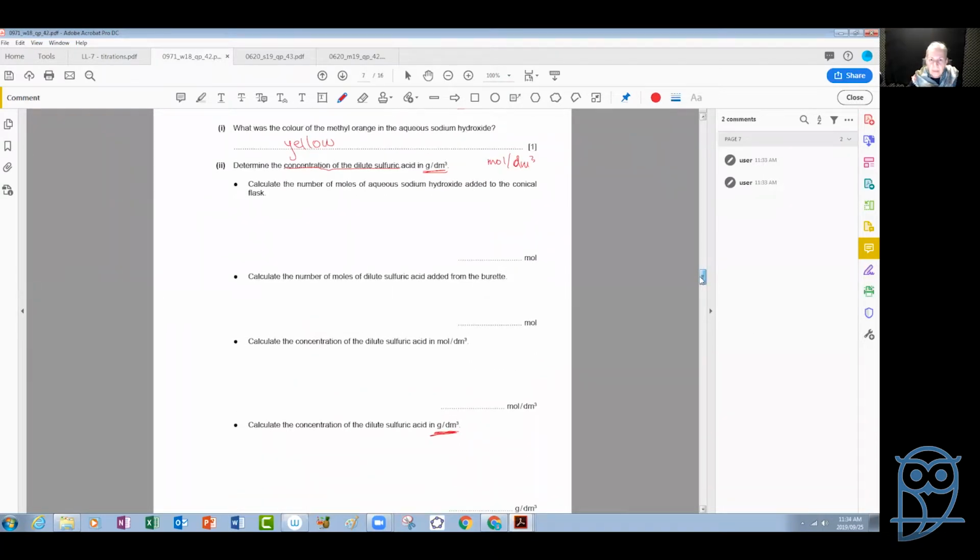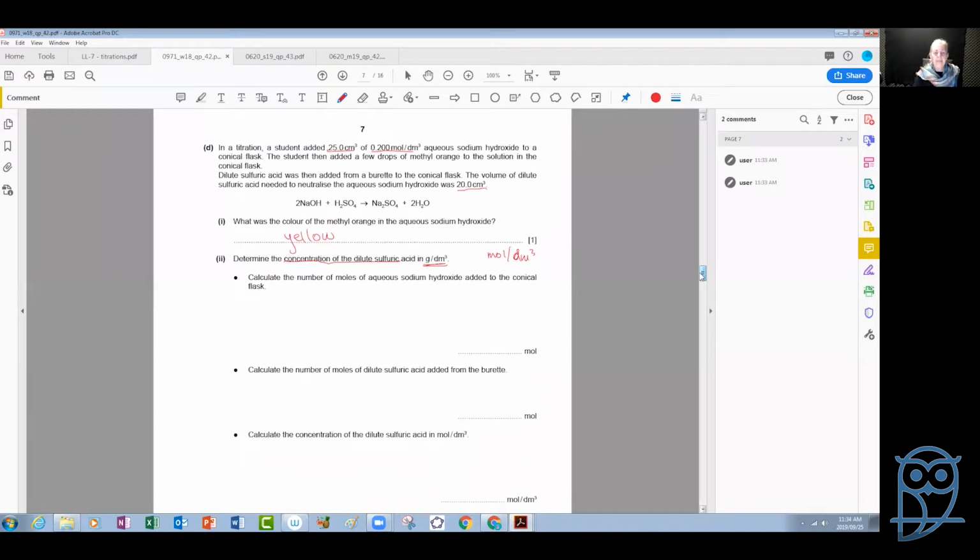Now, the first step: calculate the number of moles of aqueous sodium hydroxide added to the conical flask. You see, we know that in the conical flask we have put 25 cubic centimeters of this known concentration of 0,2 moles per cubic decimeter.